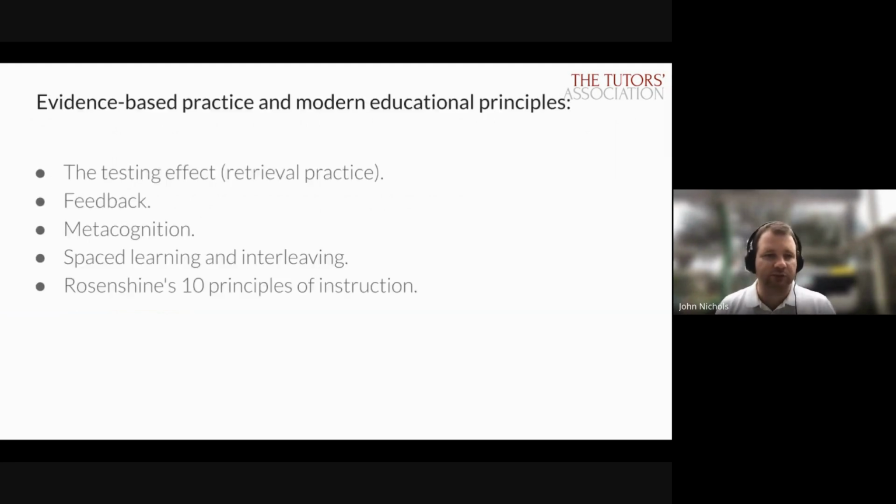So the first one is the testing effect, retrieval practice. Okay, it's quite straightforward. We're asking students to retrieve information so they can A, demonstrate they know it, B, provide us with a good indication as to what they've remembered and perhaps what they've not remembered, things they've missed out.